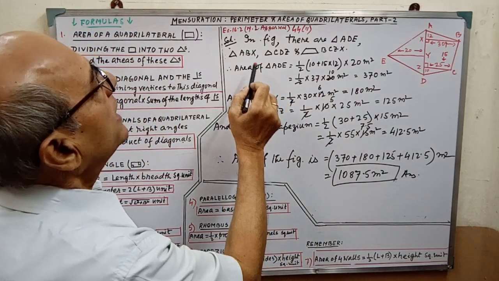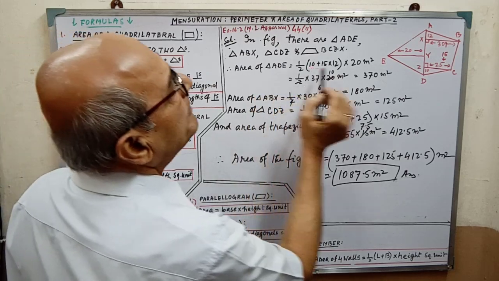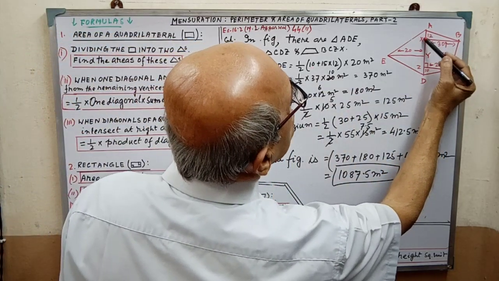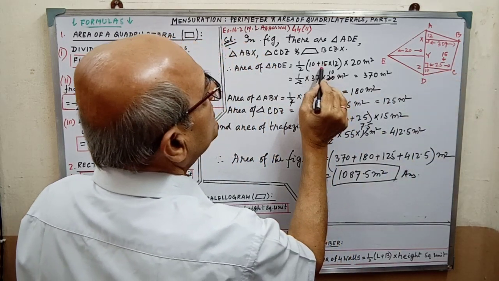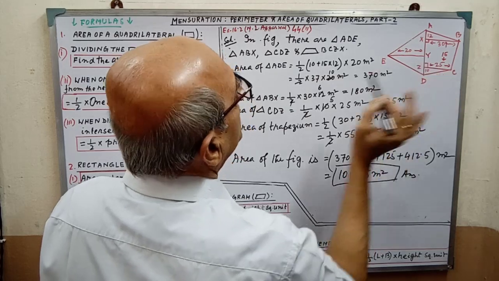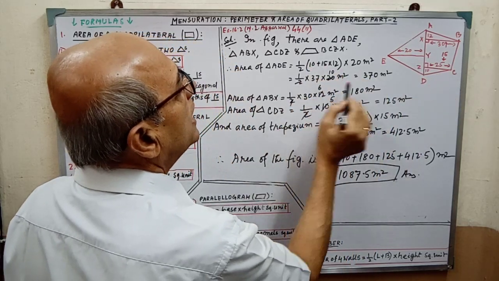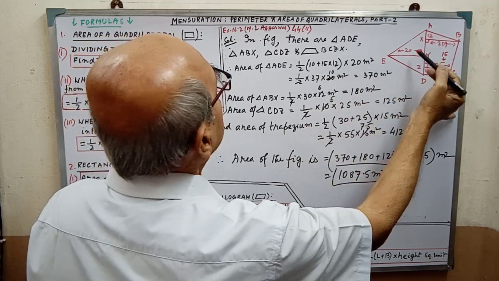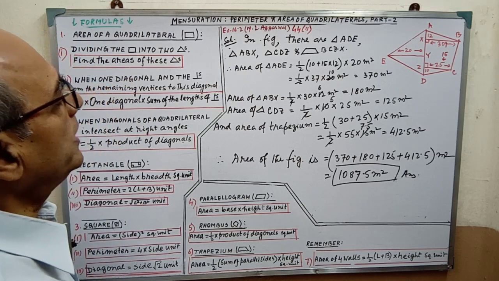From here we are getting area of triangle ADE, that is half into ADE. This is 12, this is 15 given, and this is 10. So 10 plus 15 plus 12, that is 37, and height is given 20. Half into base into height. By putting the formula, we are getting the area of triangle ADE, that is 370 meters square.